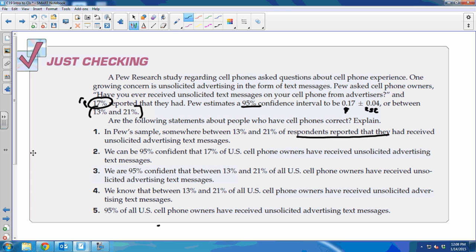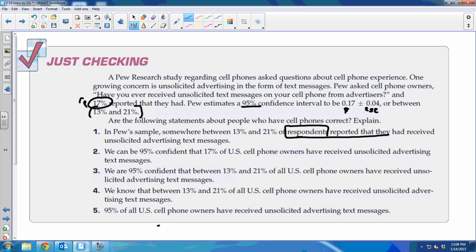Like, what are you going to say that for? If it wasn't about this sample, it would still need some extra information. It's missing the confidence piece. So yeah, one is technically a true, correct statement, but it's a stupid statement since we know it's 17%. Technically.